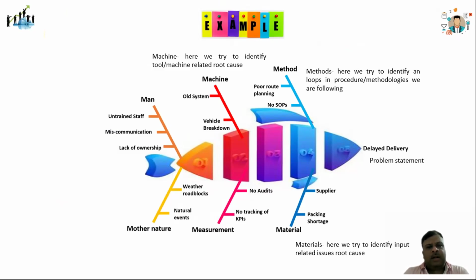Then we thought about the measurements. Measurements are nothing but controls. We try to understand the controls we impose for timely delivery. Now, in this example, we say that we didn't have any audits previously. We don't have any tracking system for the KPIs, which may cause delay in delivery.